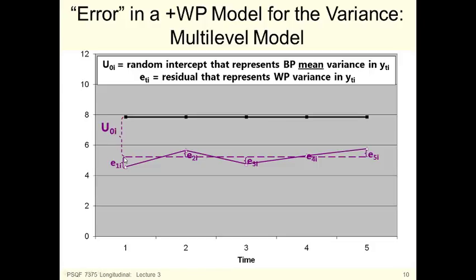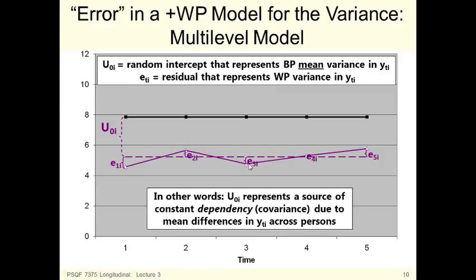From there, the distance between the person's mean given by this dashed line and each individual occasion is the E that's left. And now, to the best of my PowerPoint drawing ability here, the E's are independent. They're scattered around the line like you would expect.